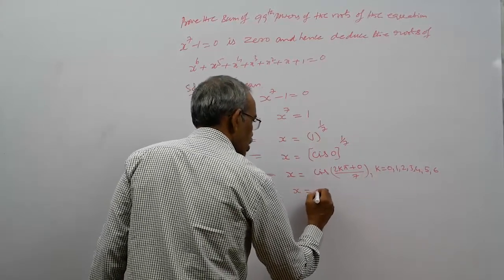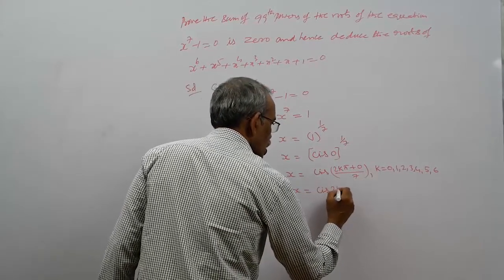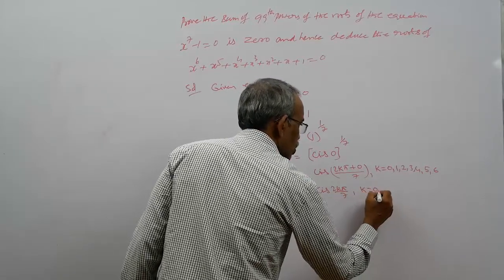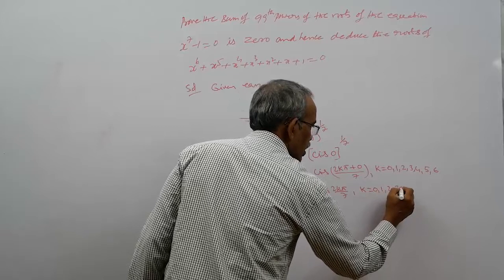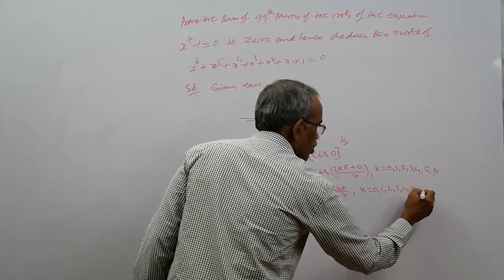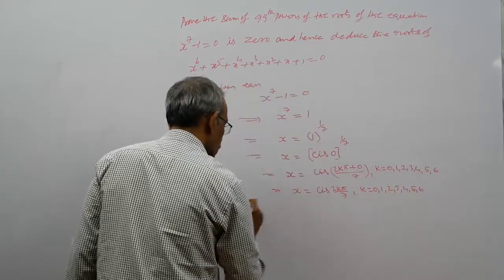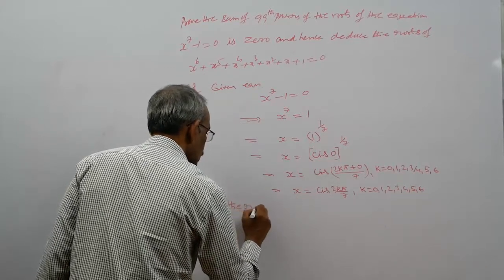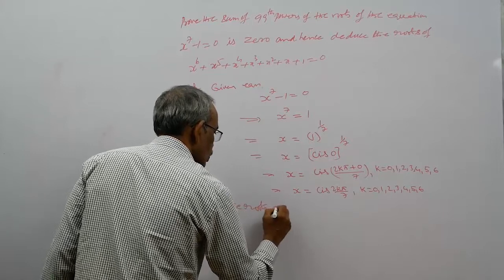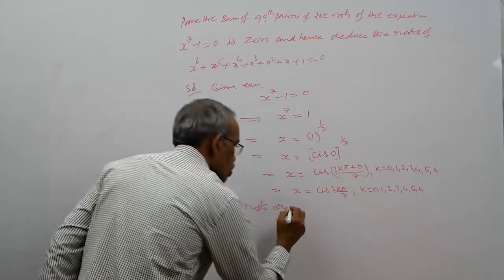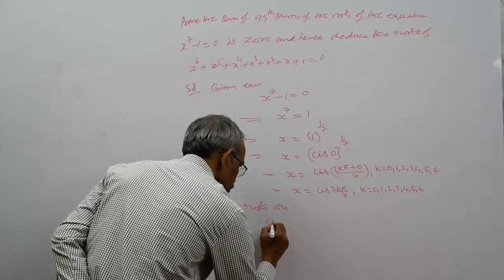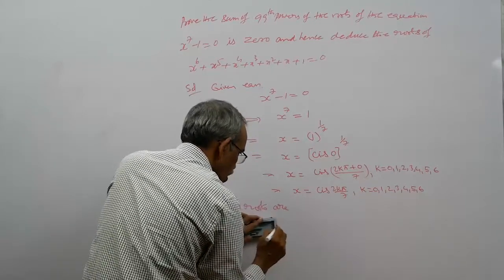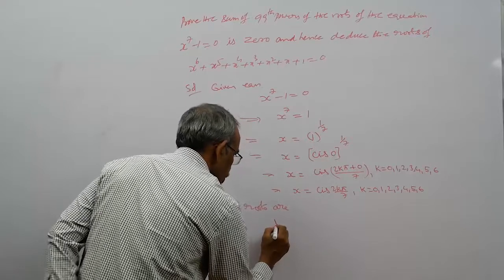So x is equal to cis 2k pi by 7, k equal to 0, 1, 2, 3, 4, 5, 6. Therefore, all the roots are: first root is k equal to 0, cis 0 means 1.